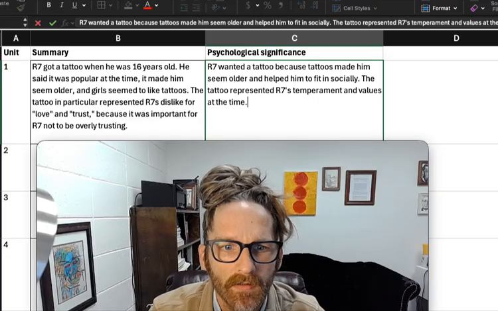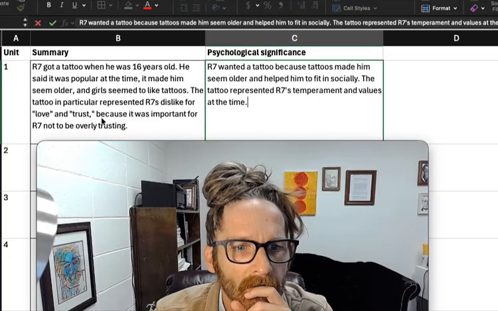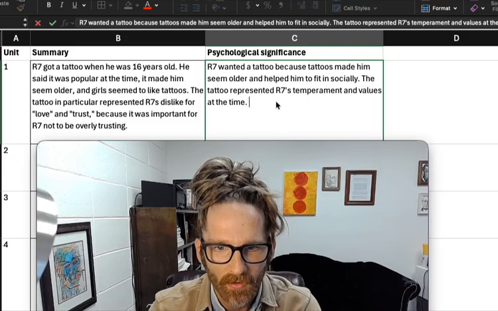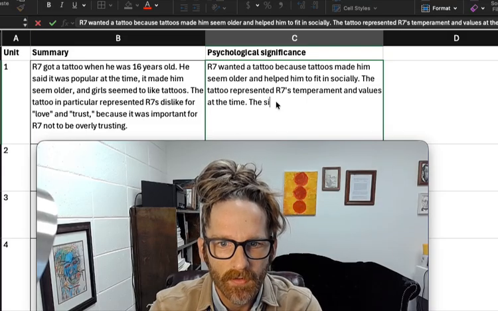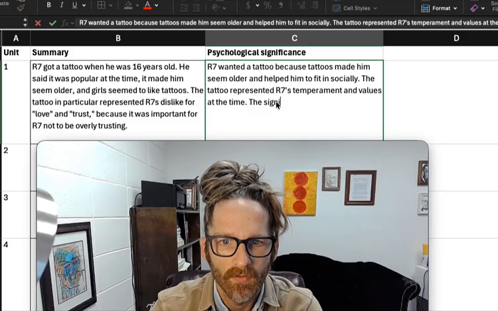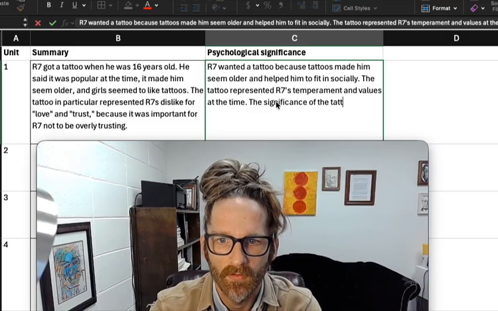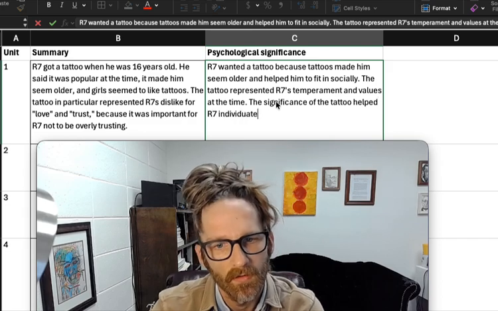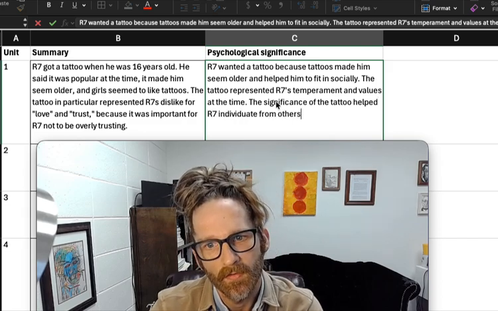Let me go back and take a look. Oh, I guess we can just look right here. I guess in more detail, the significance of the tattoo helped R7 individuate from others.